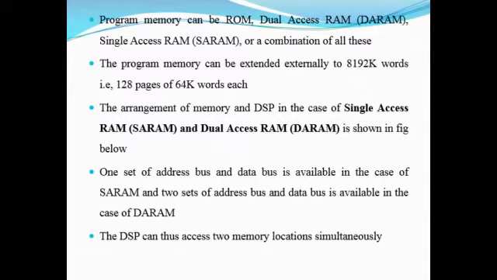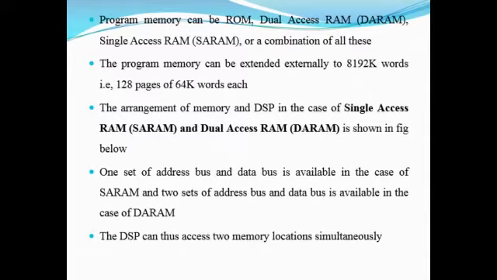Whenever I consider a program memory, it can be extended externally to 8192 kilohertz, that is 128 pages of 64 kilohertz each. So this is the memory space requirement of a program memory which can be extended externally to 8192 kilohertz.